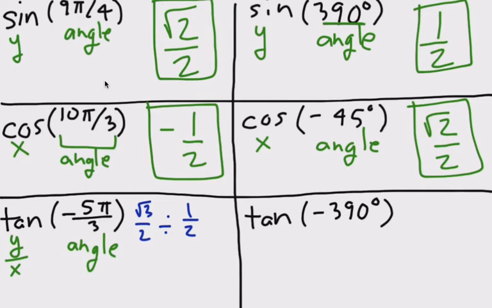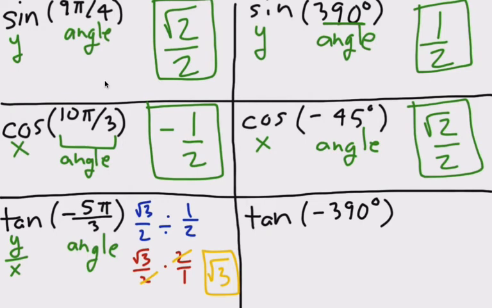I can change this into a multiplication if I take the reciprocal of the second fraction. So root 3 over 2 times 2 over 1. Right. And this would make the 2's cancel out. And so my answer is just square root of 3 over 1, or just plain old square root of 3.